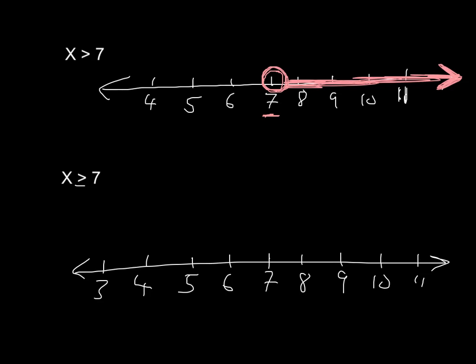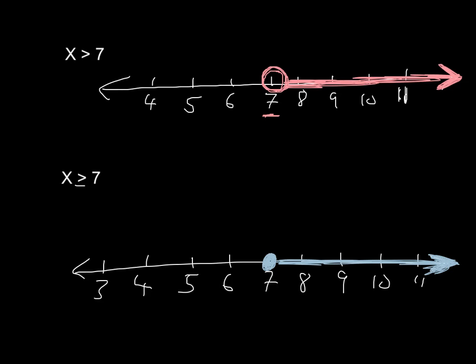But what if x is greater than or equal to 7? Well, then I'm going to fill in that dot as solid as I can make it, because this time x can be 7. It's still greater than or equal to, so the arrow and the line still go to the right all the way to infinity.